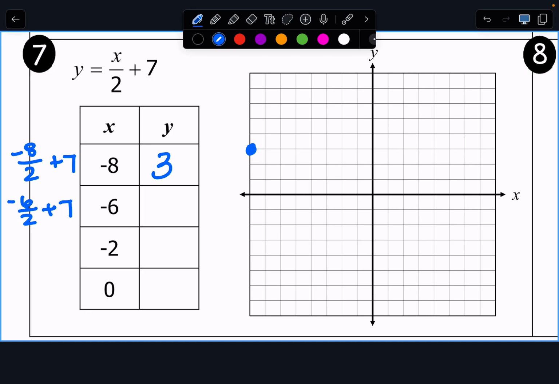Negative 3 plus 7 is 4. If I plug in negative 2 for x, and I have negative 2 divided by 2 plus 7, what's our y value going to be for that one? 6.